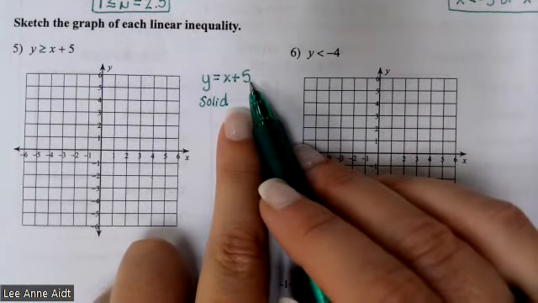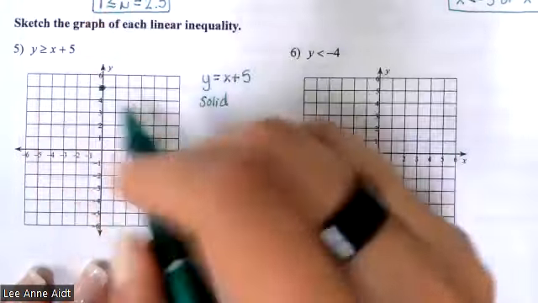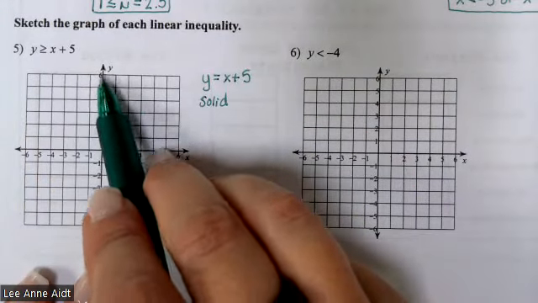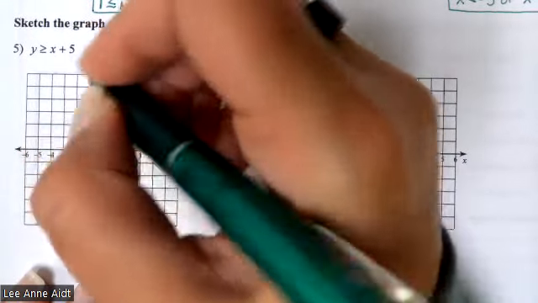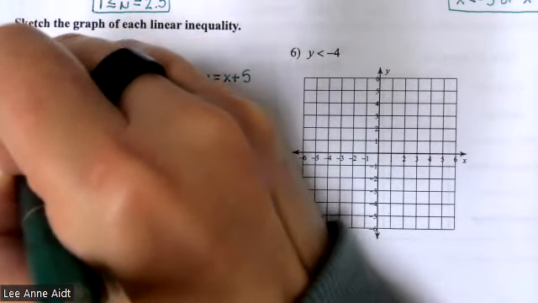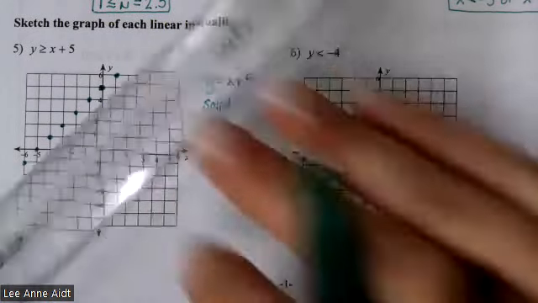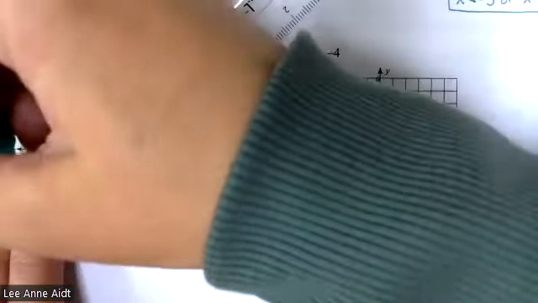Okay, so y-intercept of 5. And then a slope of 1, so that means up 1 over 1. And then we'll just backtrack down the opposite way. And it's solid.